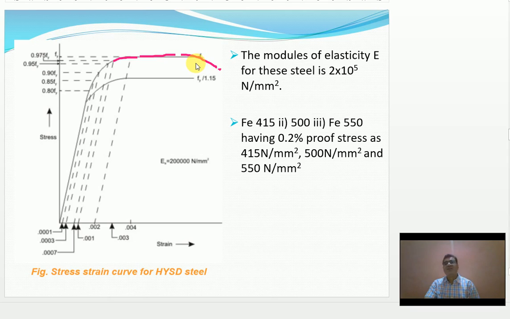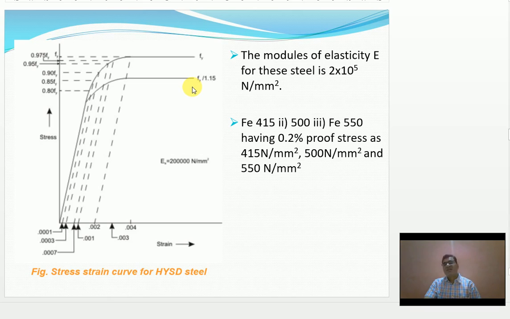In this case, Fy is divided again by the partial safety factor for material 1.15, and we get 0.87 Fy. So finally the value which we will consider is 0.87 Fy.